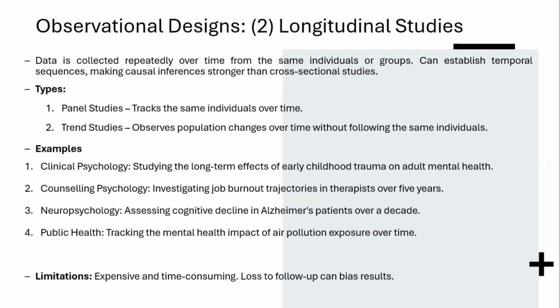It may not be the same 1,000 people. It can be different individuals. But because we are studying them over time, it helps us to understand trends. If we are studying the same individuals, then they constitute a panel. Do you understand the difference?